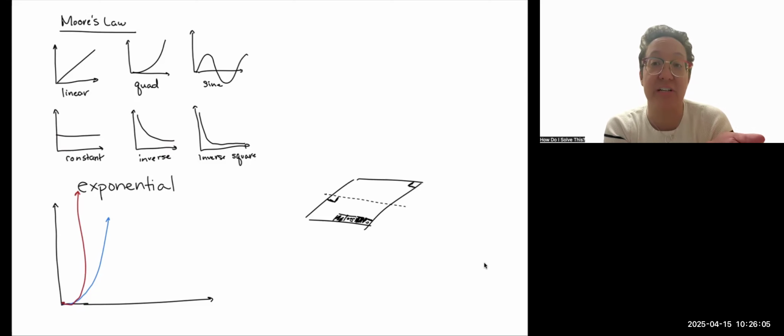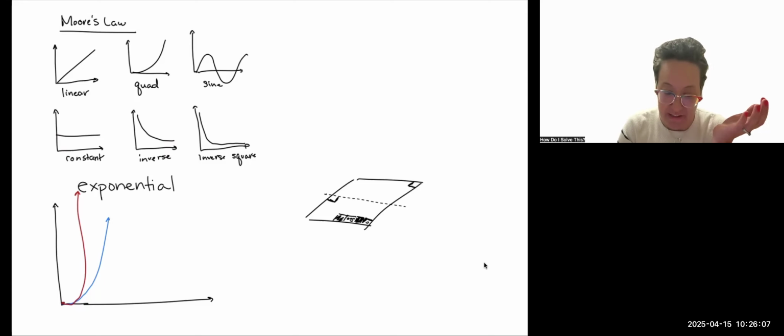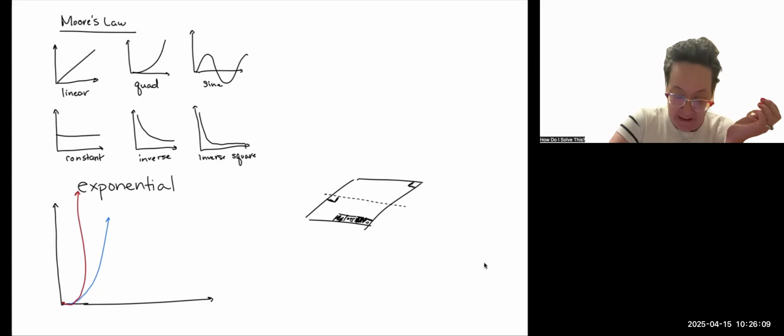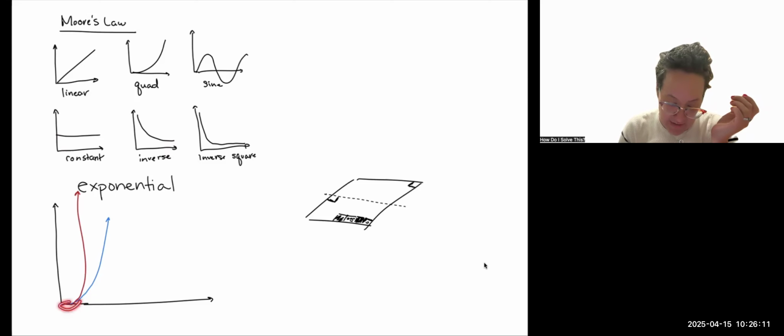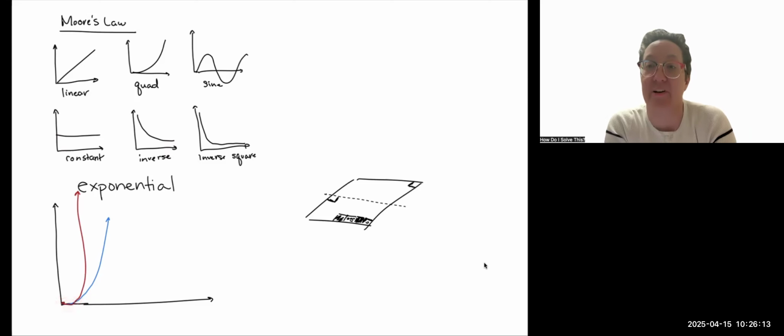And that's actually, if you look at an exponential graph, right? What do we have? We have this first half where it really doesn't look that different from my quadratic, and then it takes off. And so we are in that second half now with technology, and we're seeing that exponential growth and what it really means.